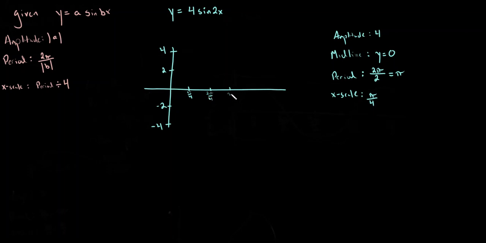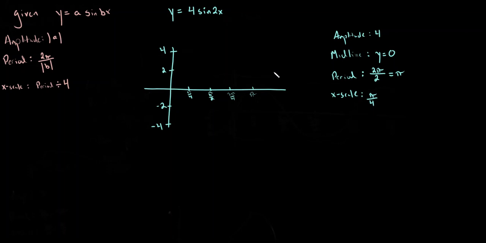Then I add another pi over 4 to get 3 pi over 4, and another pi over 4 to get 4 pi over 4. You should reduce the ones that you can. Notice that I can reduce 2 pi over 4 to pi over 2, and I can reduce 4 pi over 4 to pi. So I'm going to reduce these, but that's how we find the scale.